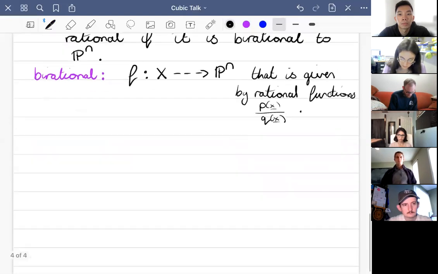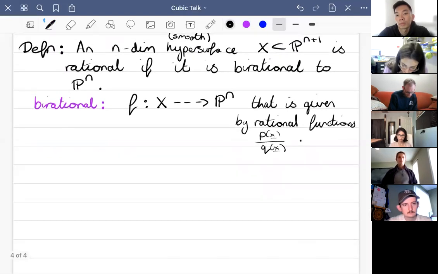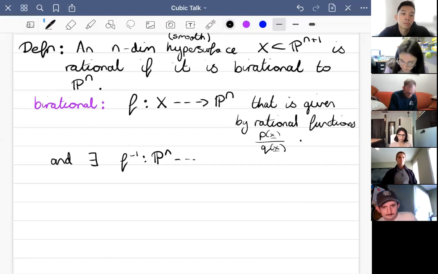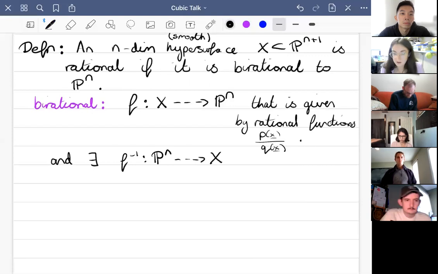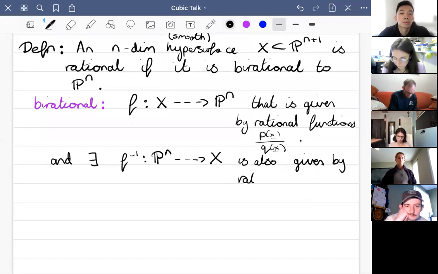Okay. And what else do we need? We also need that there exists an inverse. So you need a rational map from X to projective space, and you need a rational map back from projective space to X. This one is also given by rational functions.